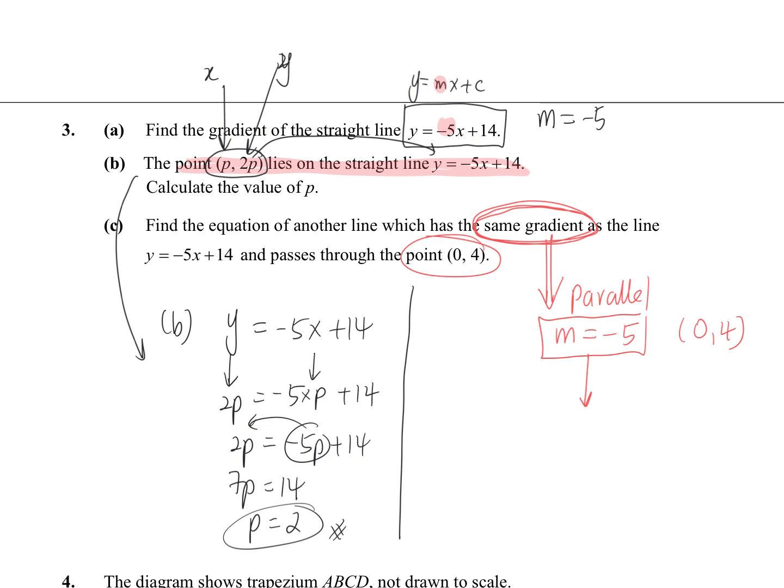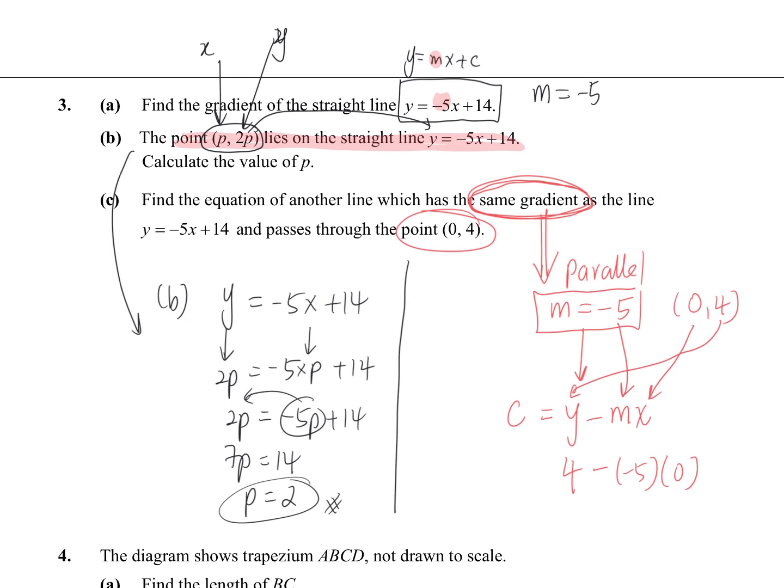Find the y-intercept. So remember the formula for y-intercept? y minus mx, right? So the y is 4, the m is minus 5, the x is 0. If you calculate, your y-intercept is just 4.